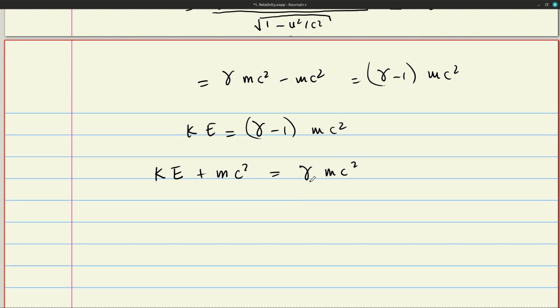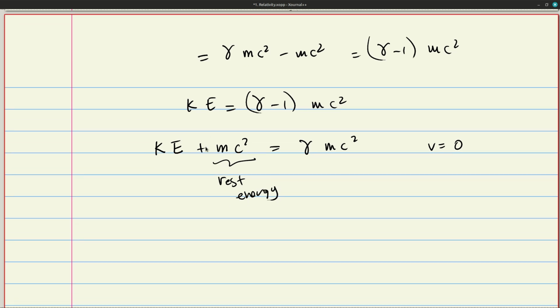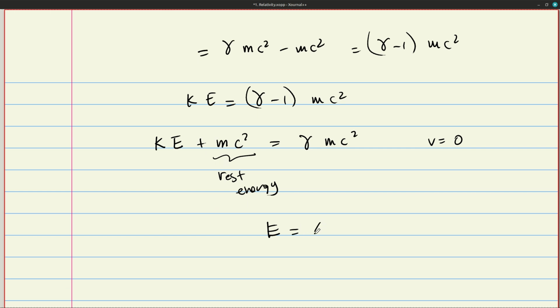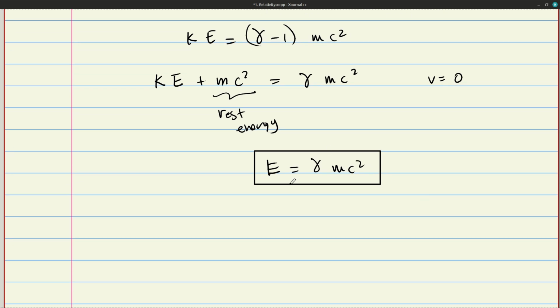And when v is equal to 0, gamma is 1, kinetic energy is 0, and total energy is mc squared, and we are going to call this rest energy. Then this suggests defining E as gamma mc squared, the important formula, and when v is equal to 0, we have E is equal to mc squared. This is the famous equation we kind of alluded to in an earlier class.